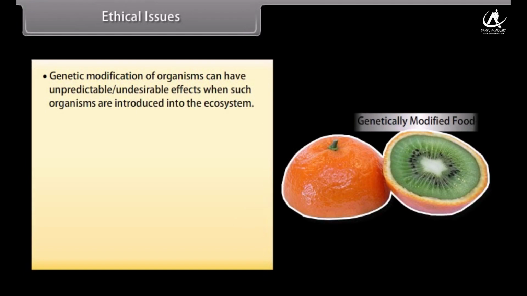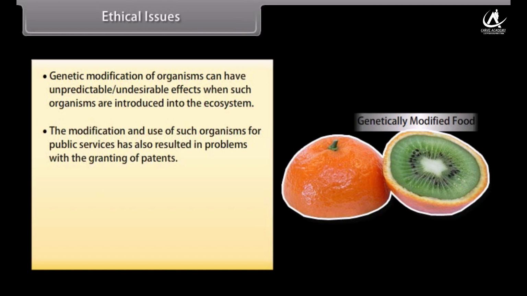Ethical issues. Genetic modification of organisms can have unpredictable, undesirable effects when such organisms are introduced into the ecosystem. The modification and use of such organisms for public services has also resulted in problems with the granting of patents.